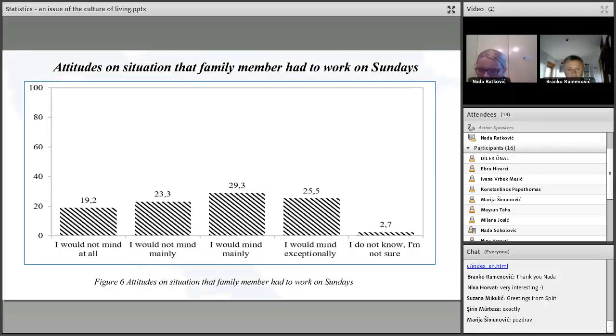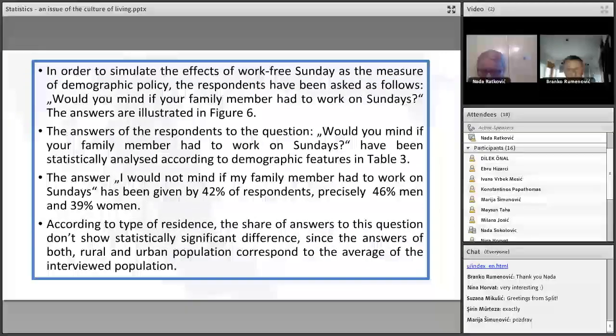Today everybody must have attitudes on different situations, even if it is work on Sundays or anything else in life.